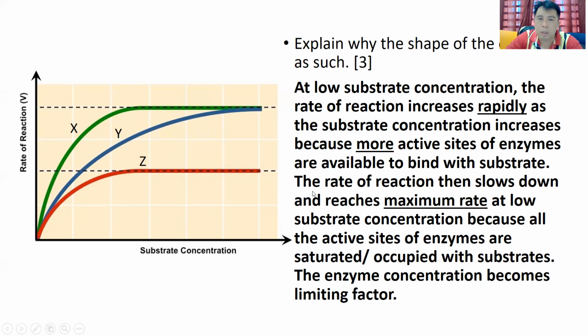When they reach maximum rate, this is because all active sites of enzymes are saturated or occupied with substrate. Then the enzyme concentration becomes limiting factor. So once they reach the maximum rate of reactions, the enzyme concentration becomes limiting factor, not the substrate concentration. Before they reach the maximum rate of reactions, the substrate concentration is the limiting factor.